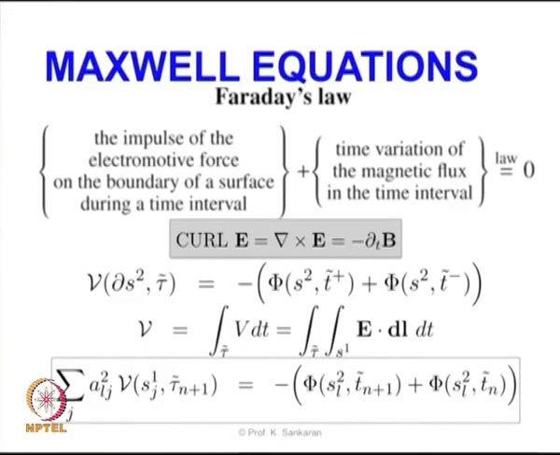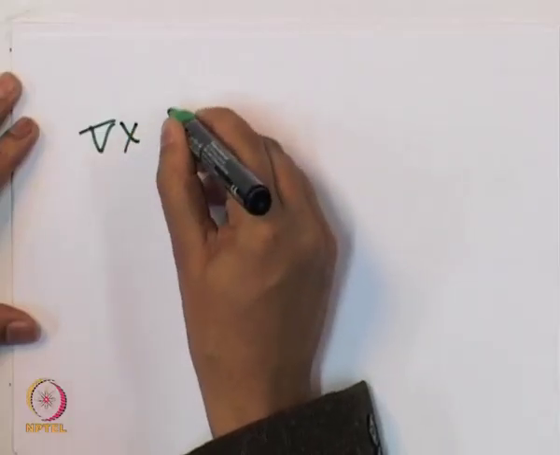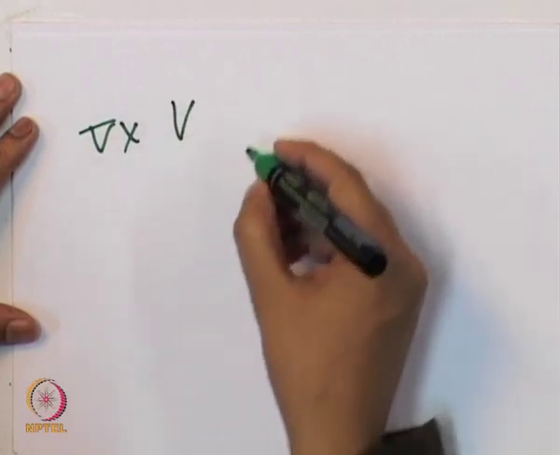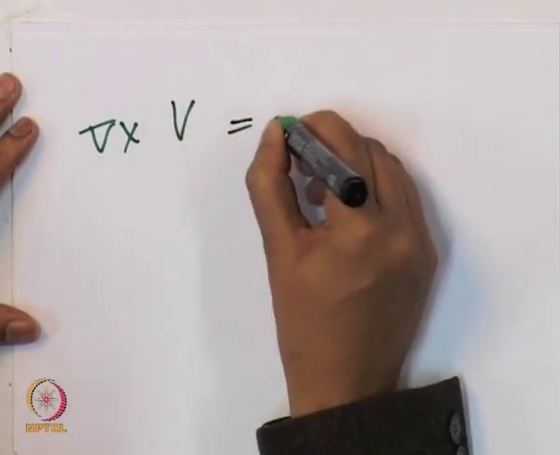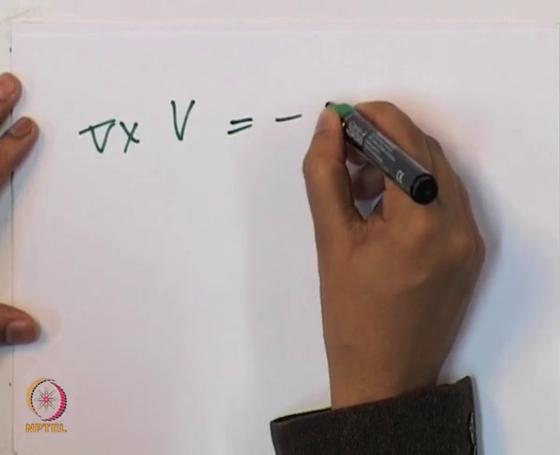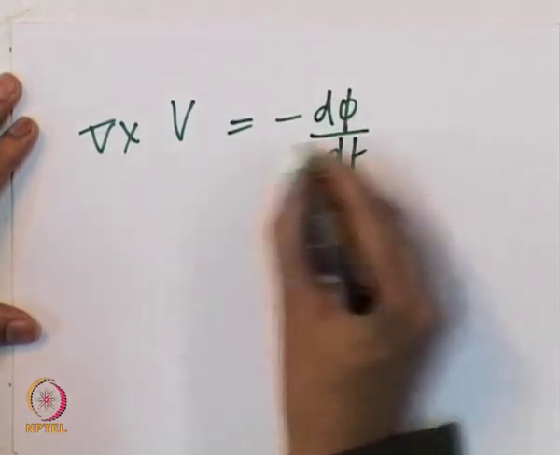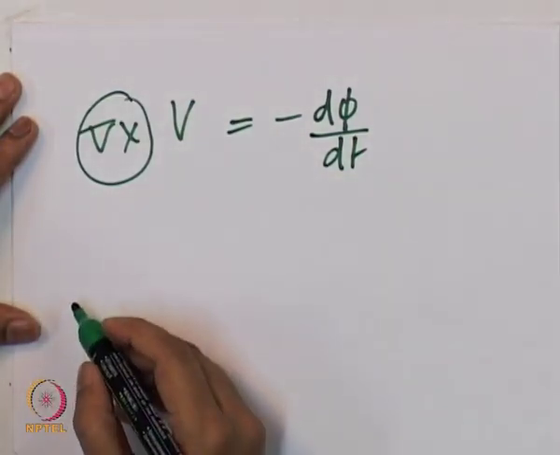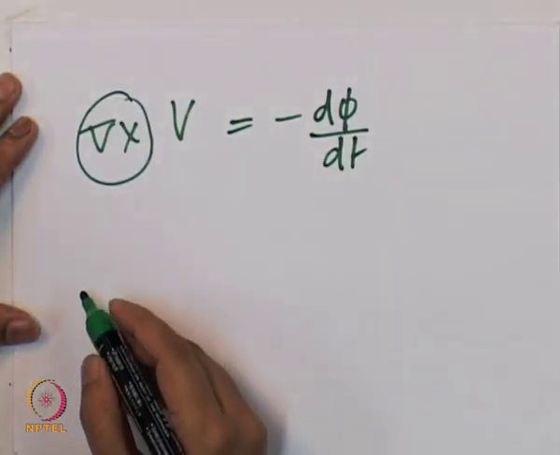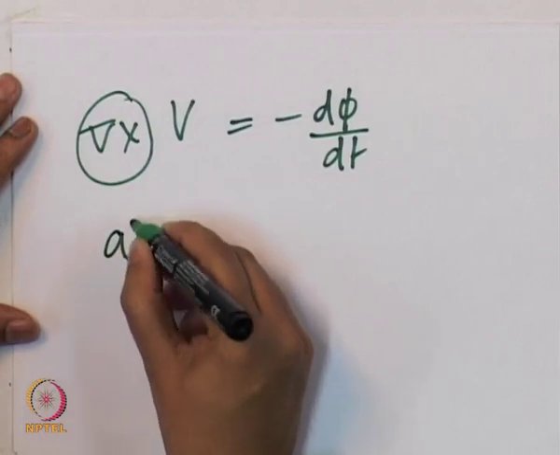So what I am going to have now is a simple equation that will give me that the curl of the value V is equal to minus d phi by dt. So I can write this one as d phi by dt, and this term will be the counterpart of the curl.